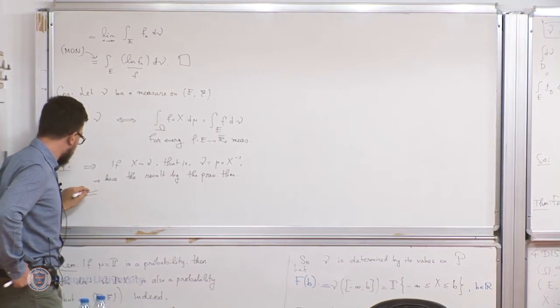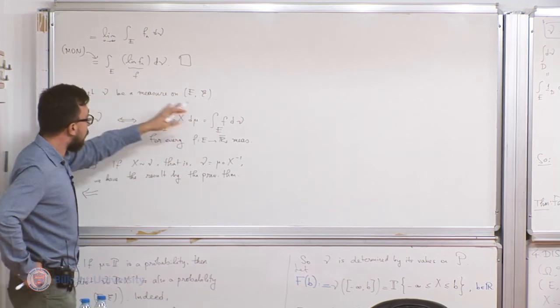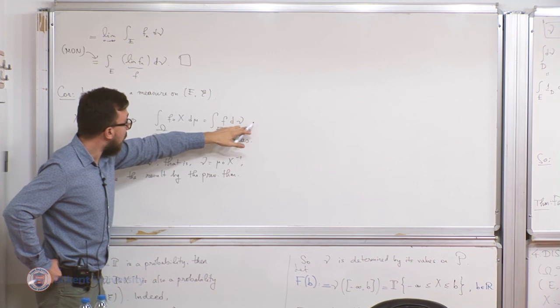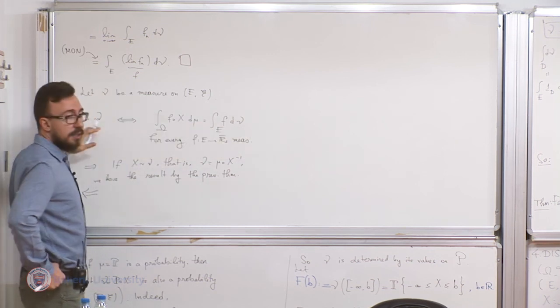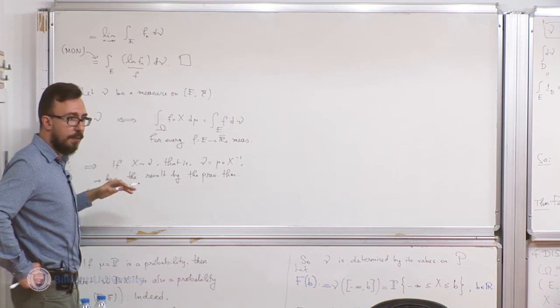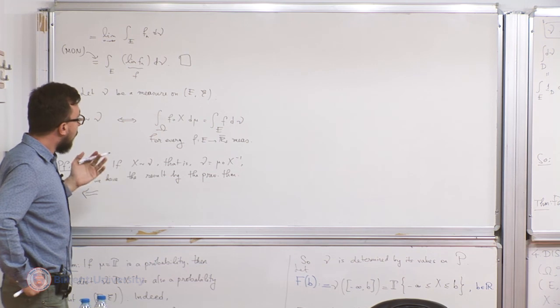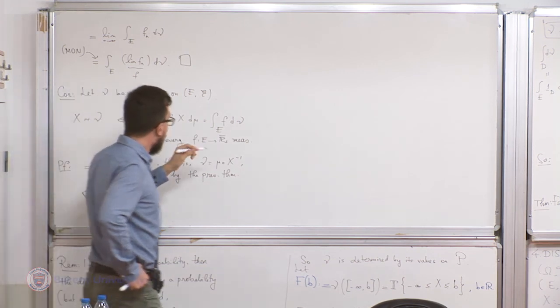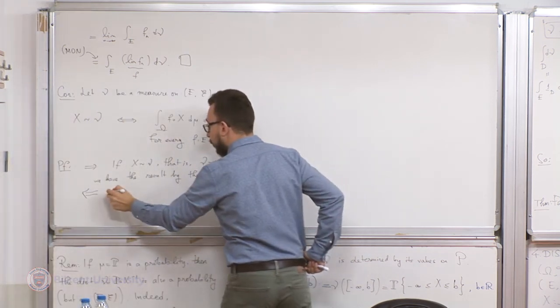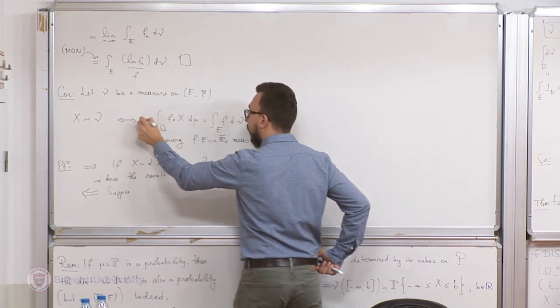The converse is nice. So if you have this for an arbitrary measure nu, then you can make sure nu is in fact the distribution of X. So how can we say it? Well, we can specialize to indicator functions. So suppose, let's put a star here, okay?